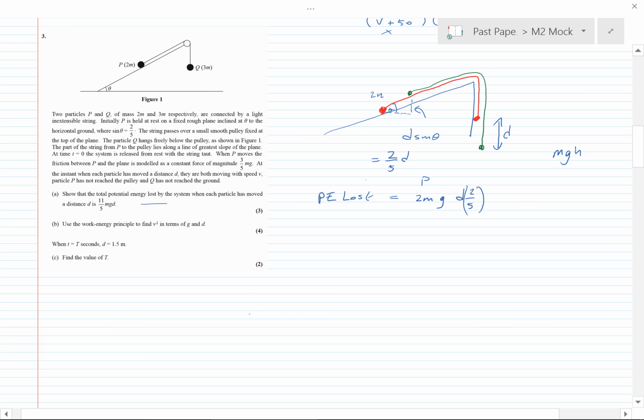Right, so that's a gain in potential energy, but this one's lost because it's gone downwards. It's got mass 3m, so using mgh, that's minus 3mgd.